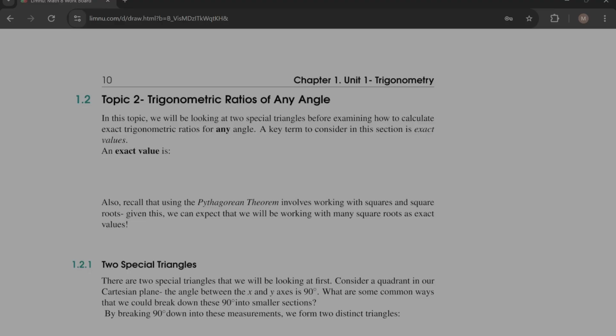Before we go into this, we need to remember that an exact value is a way that we can represent something like this, the square root of 2. So if I write square root of 2, that is precise. That is an exact value that matches a specific number.